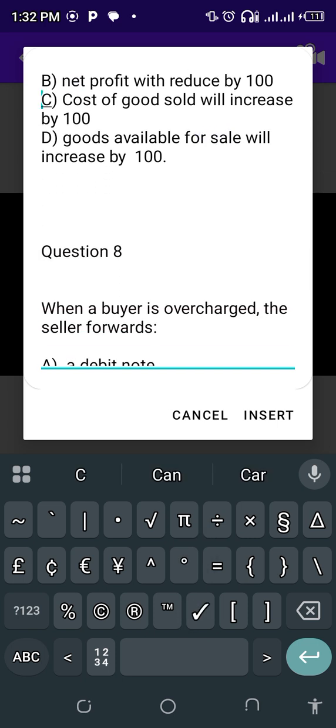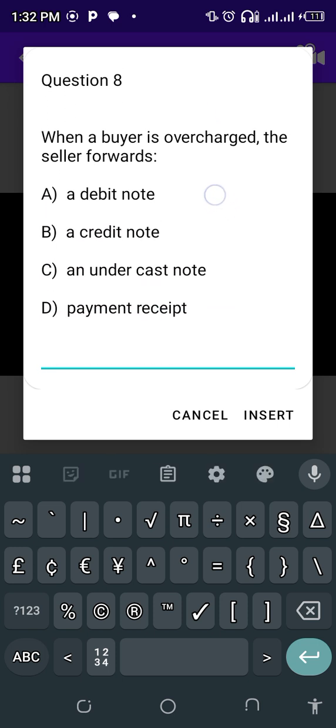Now question 8. When a buyer is overcharged, the seller forwards A, a debit note, B, a credit note, C, an undercast note, D, payment receipts. Now, a debit note and a credit note.